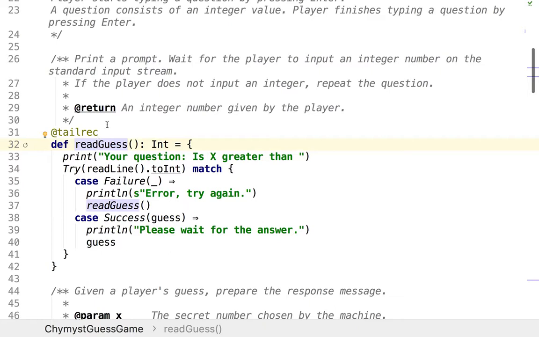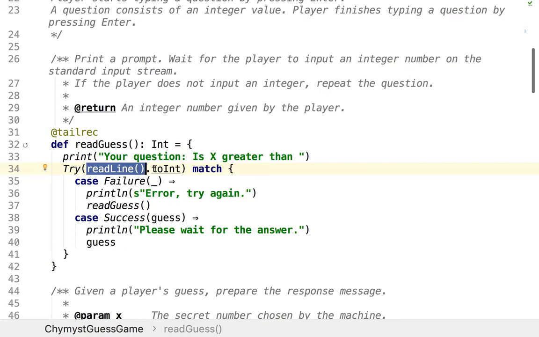The function will first print a prompt, such as your question is x greater than, and we're printing it without the new line. So this is not a println, this is a print. And so then the user can type the number here and press enter. This will be captured by this read line.